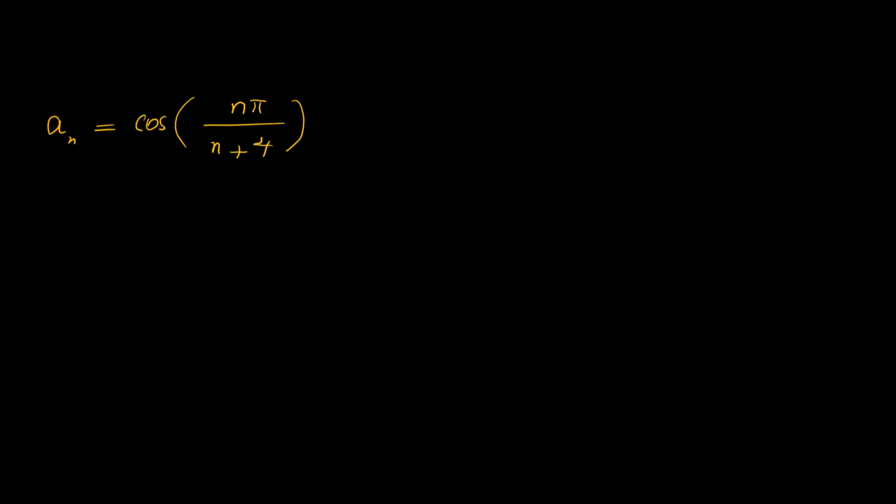Now look at this example, cosine of n pi over n plus 4. You should not be confused by cosine. Notice the inside of the bracket. It's very simple expression, n pi over n plus 4. And we know how to find limit of n pi over n plus 4. We know 4 different methods for finding limit of the inside of the bracket. For example, if we just keep the dominant terms, n pi over n would be pi.